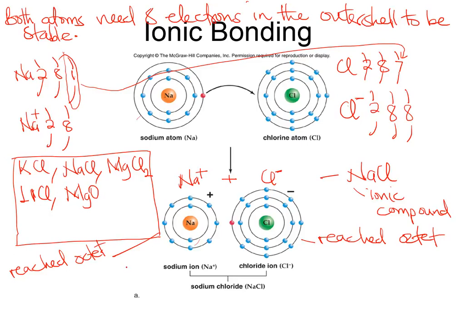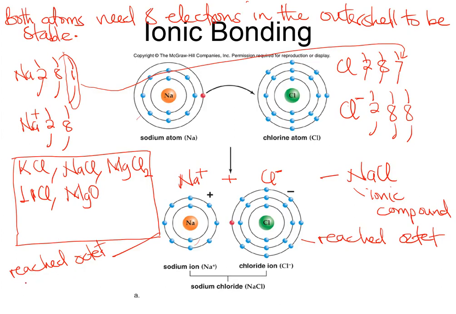So how do we know this is an ionic compound? If you go back and look at the periodic table, an ionic compound forms between an atom that is on the left side of the periodic table and an atom that is on the right side of the periodic table. Any atom that is on the left side of a periodic table is called a metal.